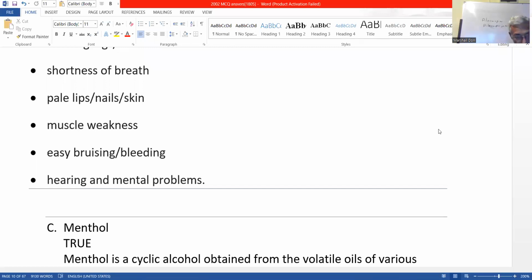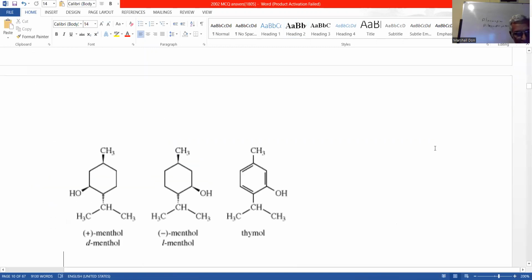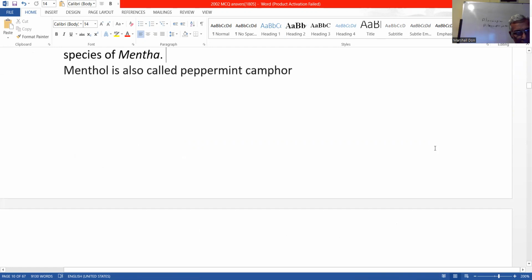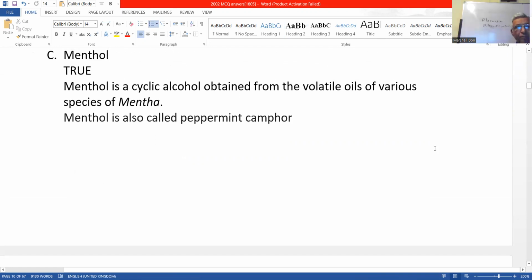Menthol is a natural product. Now menthol is synthesized by chemical methods, but originally it was a plant product. The plant is Mentha piperita. There are so many Mentha species. Menthol is called peppermint camphor.